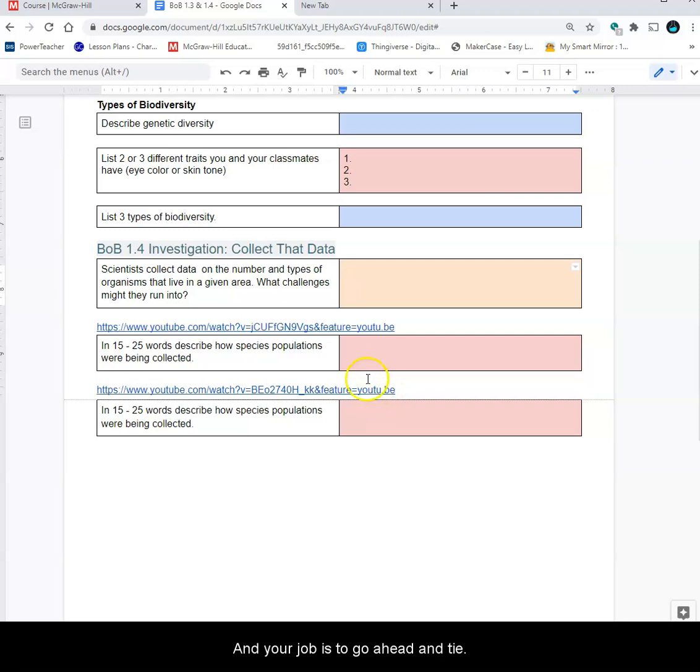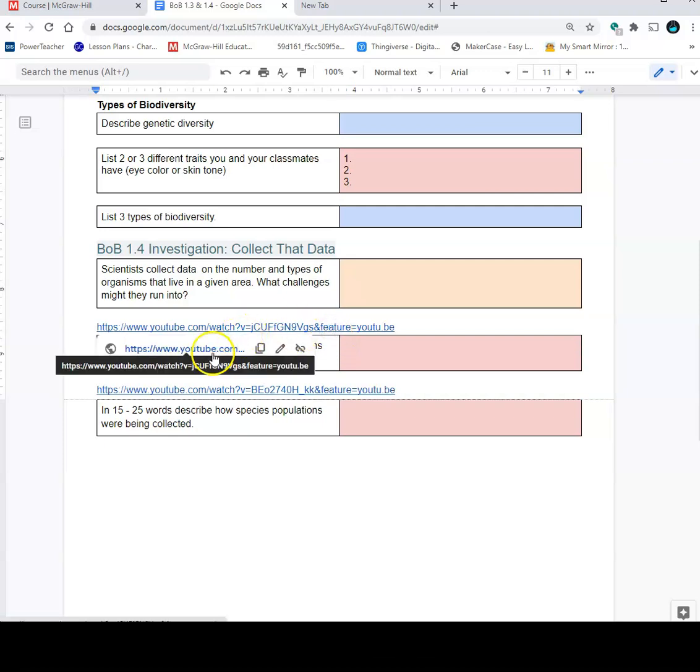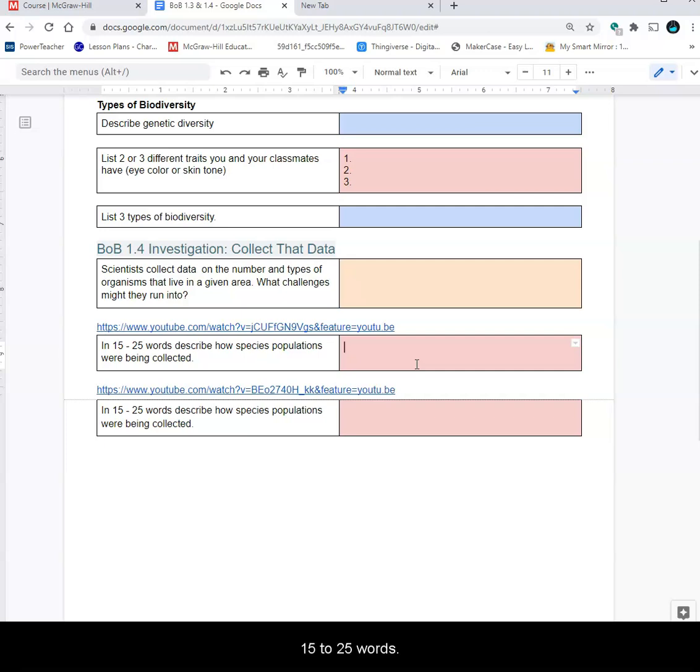And your job is to go ahead and type 15 to 25 words, so 2 or 3 sentences. What techniques were used to collect the population data in this film? So go ahead and watch this. And in 15 to 25 words, 2 or 3 sentences, how did they collect the data on those critters?